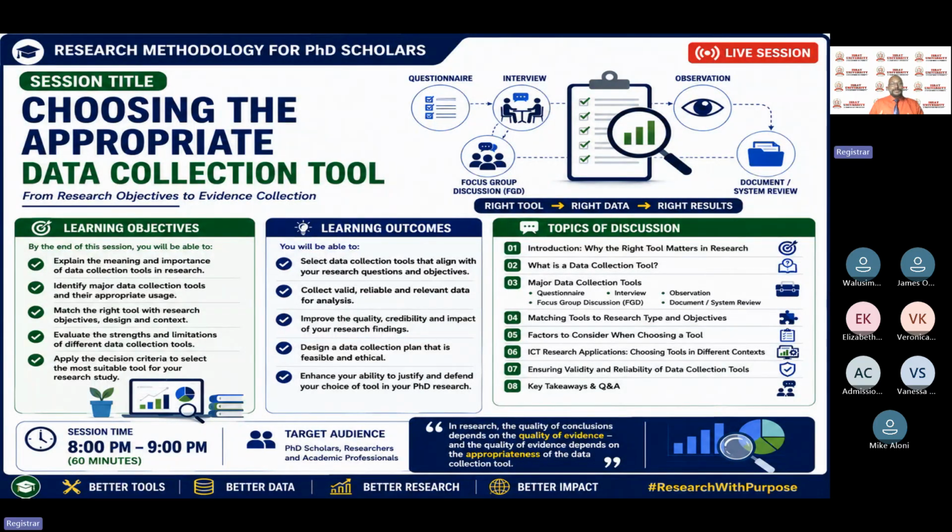Then how to improve the quality, credibility, and impact of your research findings. 100%, because if you collect valid data, reliable data, if you bring the real world of your samples or your population onto your research desk, your findings will be better. Then you will learn how to design a data collection plan that is feasible and ethical.